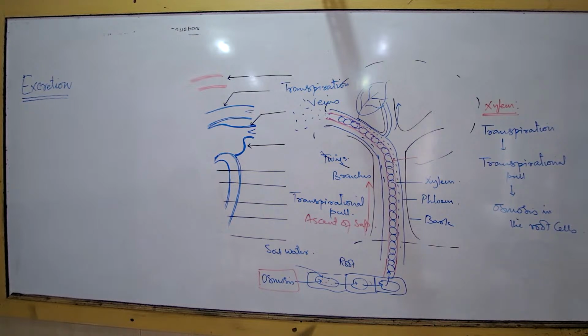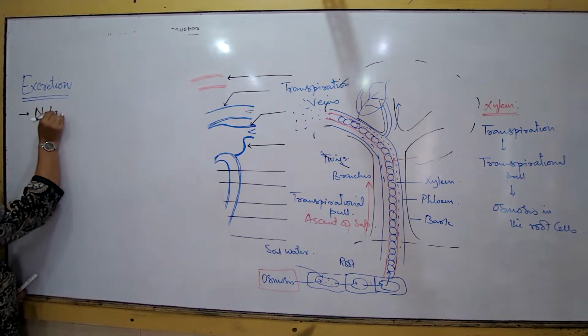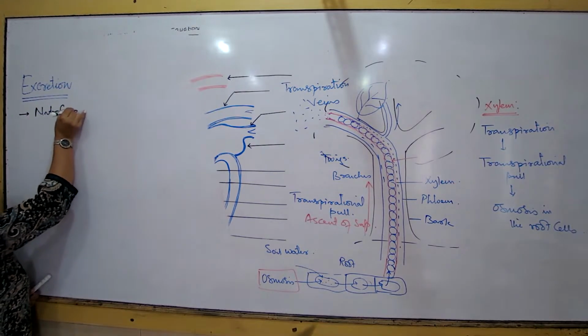Now that we are talking about the release of toxic nitrogenous waste, it should be by the process of filtration of the blood. So when we talk about excretion, what are some of the terms you should write in your definition? The release of toxic nitrogenous waste.